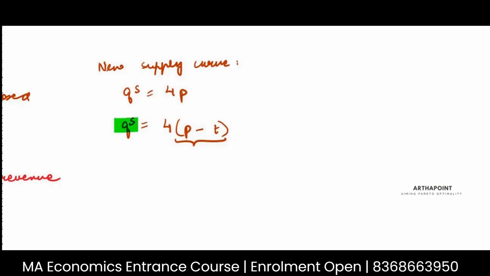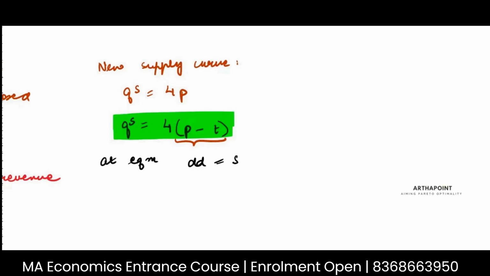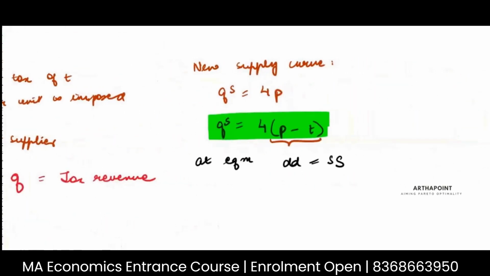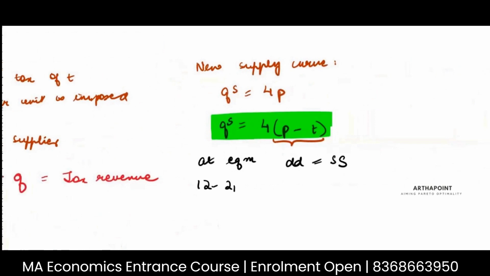So suppose I charge a tax rate on the supplier. This is my new equilibrium quantity, and at equilibrium demand is equal to supply. So my demand was 12 minus 2P. So 12 minus 2P is equal to 4P minus 4T.